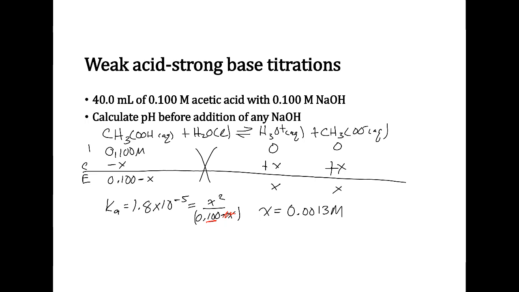And then plugging that in for the pH, we'll have the pH is initially 2.9 for this solution.